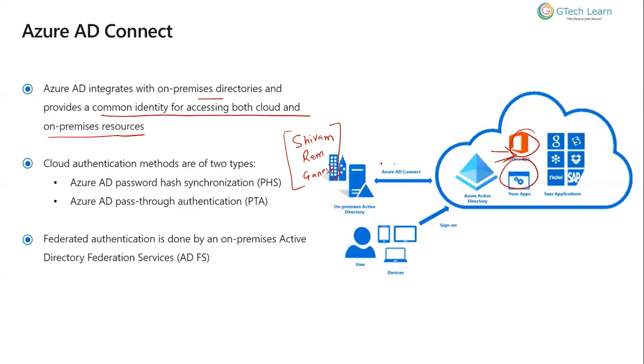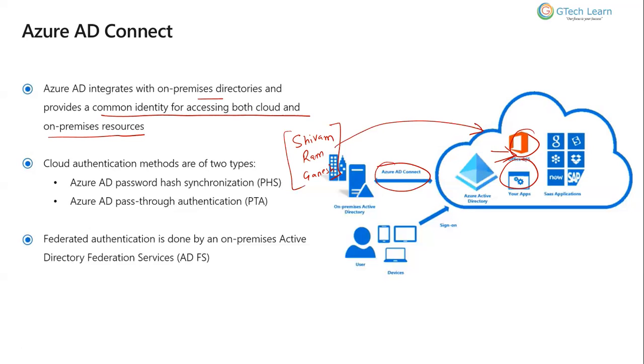So by implementing Azure AD Connect, we can synchronize those users towards the Azure Active Directory, and once the synchronization has been done, then we can go ahead and assign the access to the resources of my Azure Active Directory to those users as well. So that is the way we can go ahead and assign the resource access to the users. And for accomplishing that task, we can use the Azure AD Connect tool.